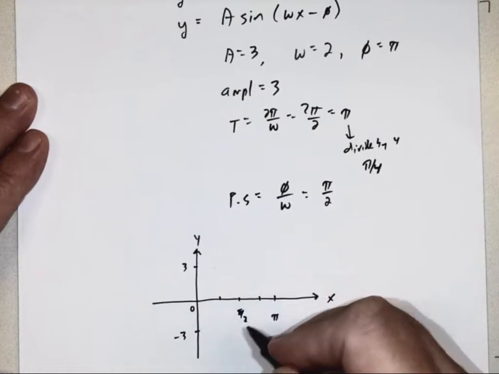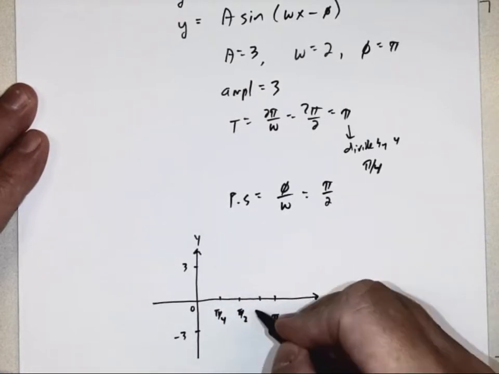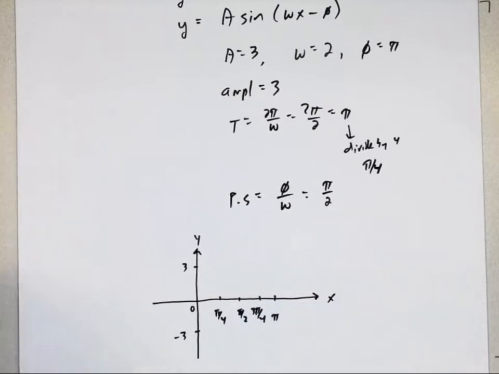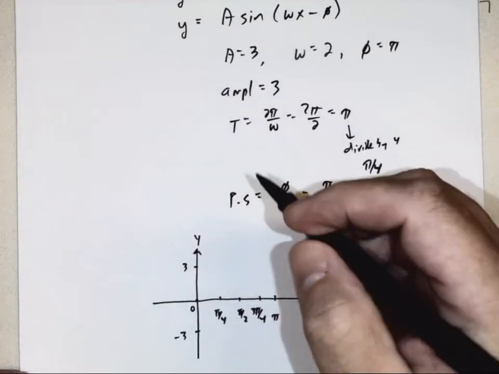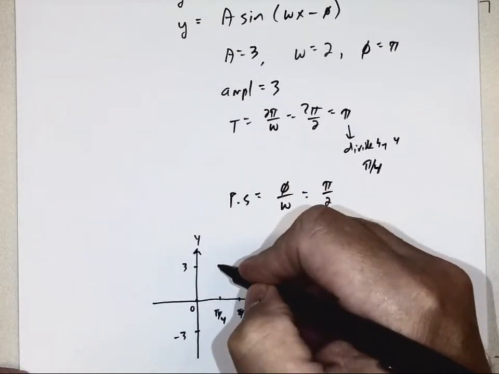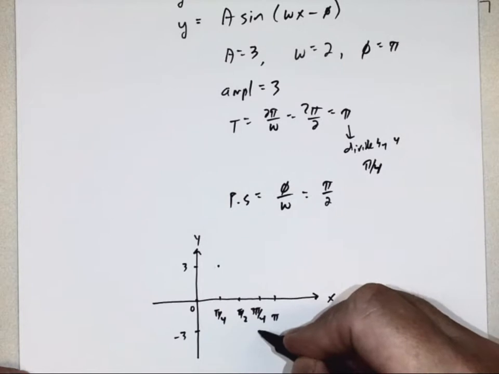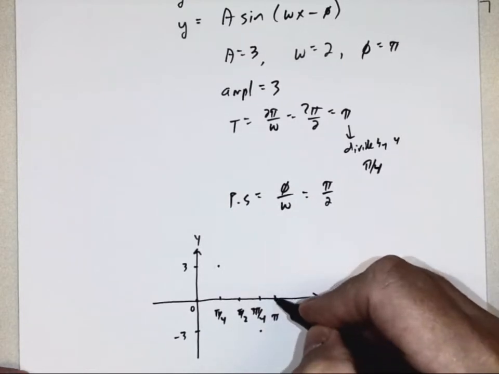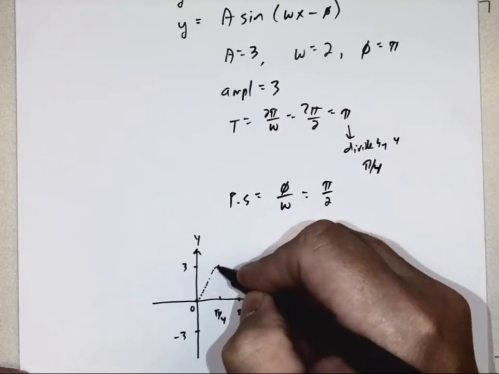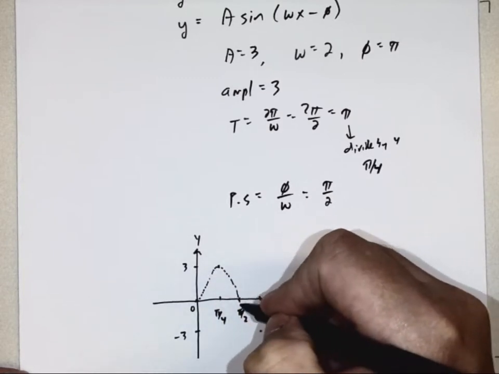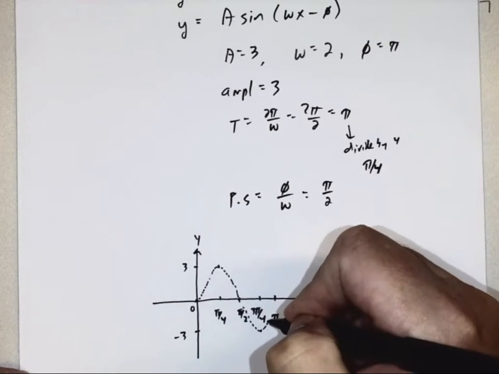This is pi over 4, pi over 2, 3 pi over 4. Now, we've got a sine function, right? So it's 0, sine is 0. It goes up here, back to 0, down, back to 0. Except I'm going to do a dashed line because I know this is not going to be my final graph.